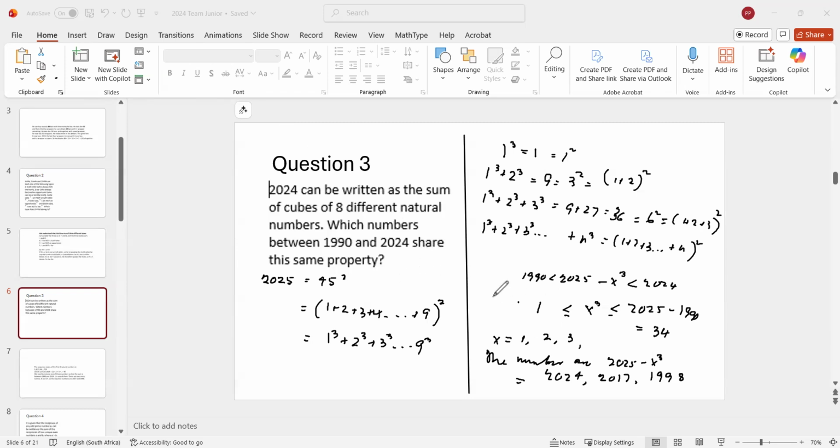They say between, so maybe you're not allowed to include 2024, because between means strictly. So there are 2 numbers which can be written as a sum of 8 different natural numbers having the same property.